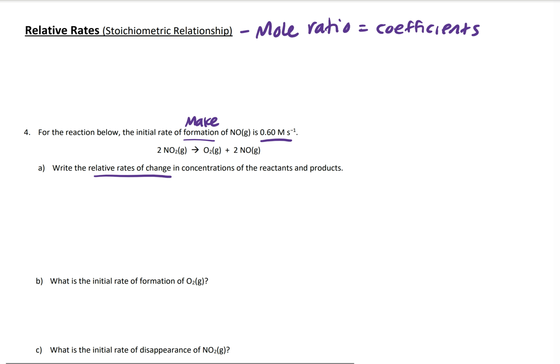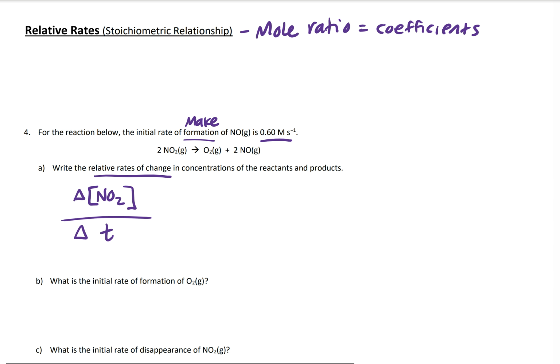Since rate is change in concentration over change in time, I need to write down delta concentration of NO2, the reactant. So we're measuring how much the concentration of NO2 is changing divided by the change in time. That's the initial rate for NO2.